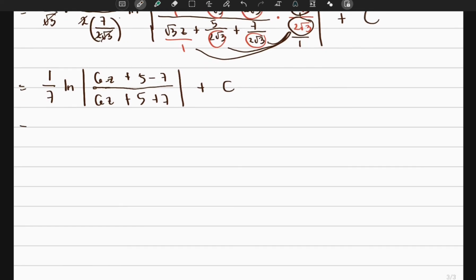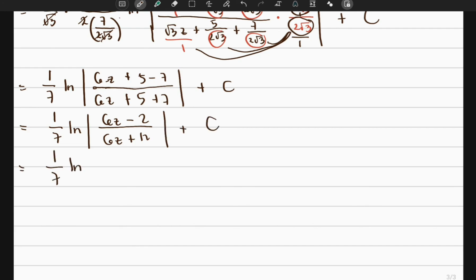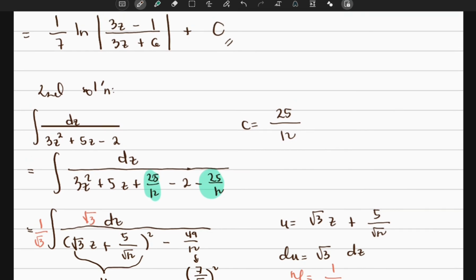Yan. So, we have 1 over 7 ln of the absolute value of 6z minus 2 over 6z plus 12 plus c. So, simplifying further, we have 1 over 7 ln of the absolute value of 3z minus 1 over 3z plus 6 plus c. So, ito ba yung sagot natin kanina?